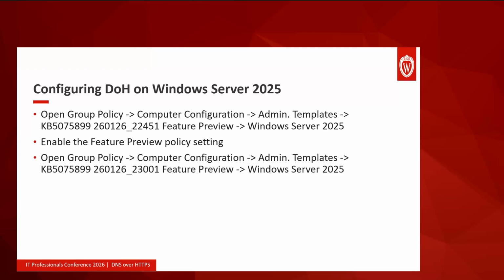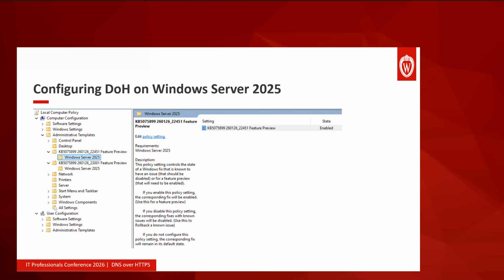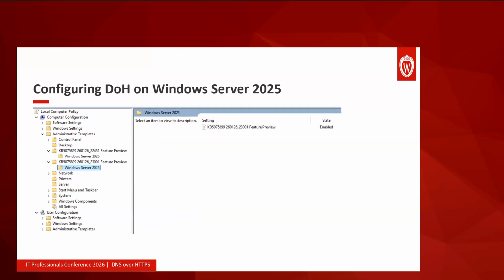And it'll bring up these group policy templates for each one of those. I'll show you what they look like here. It's basically just a very generic feature preview group policy setting. It says enable the 26.01.26.22451 feature, state enabled.